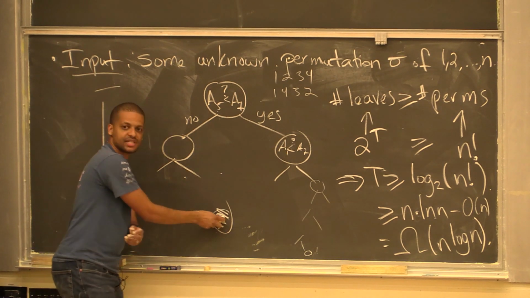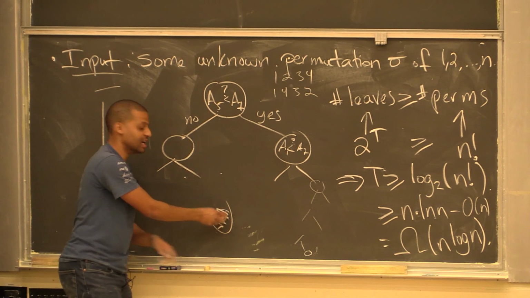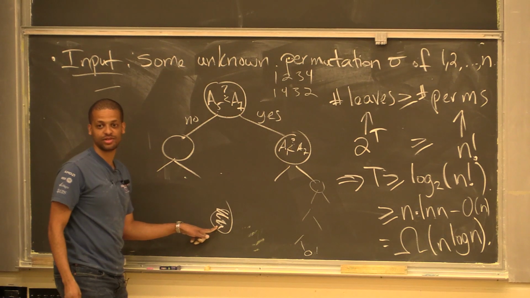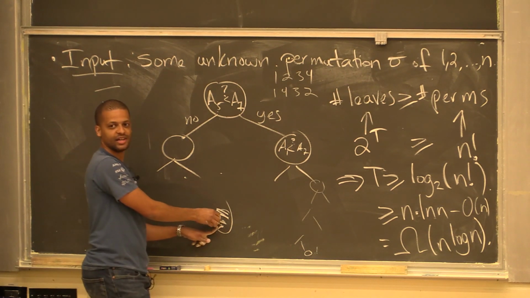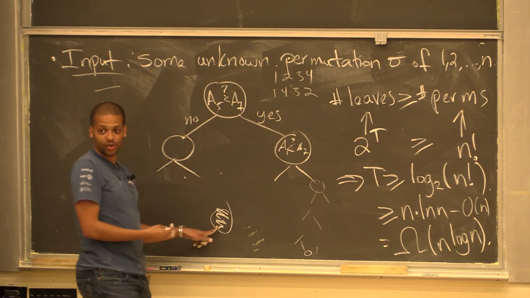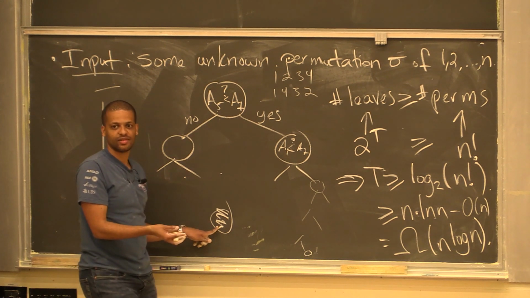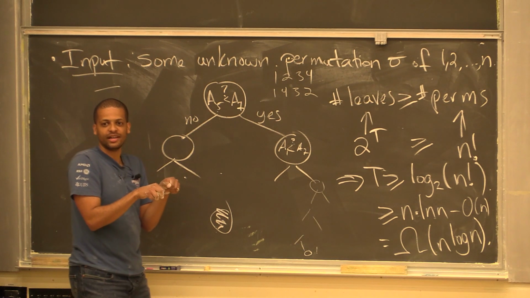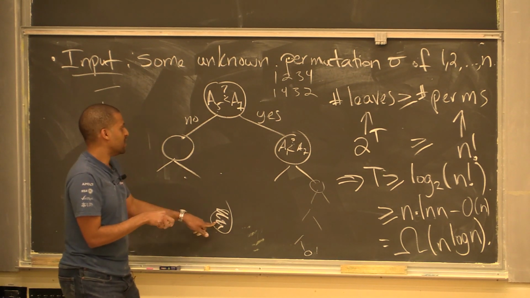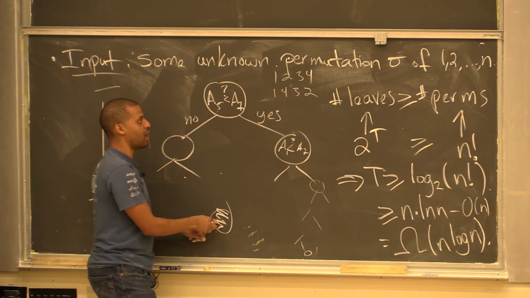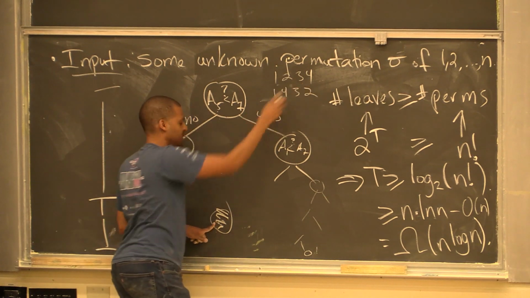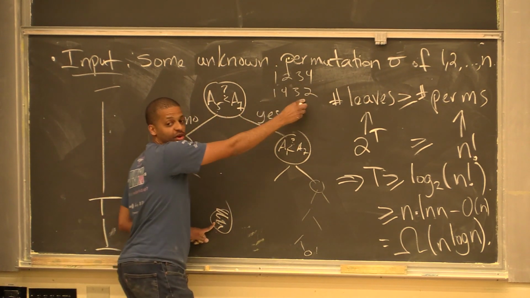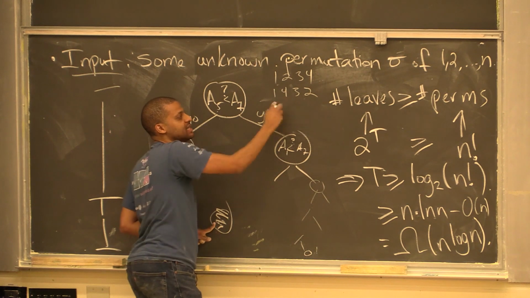Can it end up at this same leaf? No, it cannot end up at the same leaf as another permutation, because at the end of the day, the algorithm has to sort, so it has to permute the entries of the input. If it permutes the entries one way for 1, 2, 3, 4, and it lands at the same leaf for 1, 4, 3, 2, it means it's going to permute these entries in the same way.